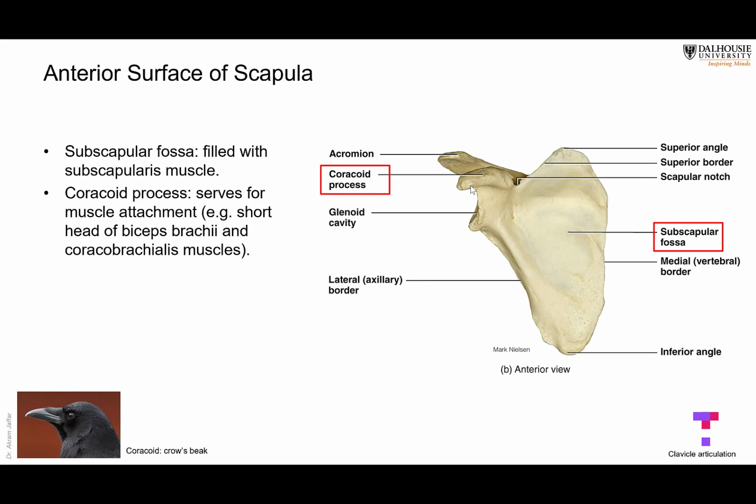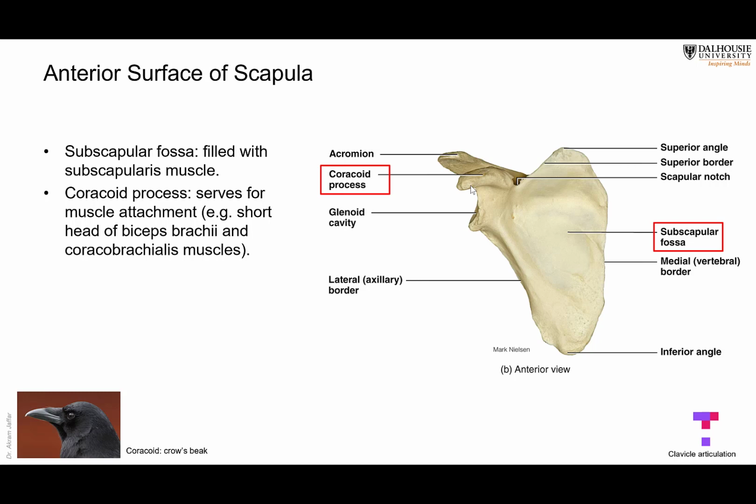I'm mentioning 2 of them because we are going to study these muscles later on. One of them, obviously, because it's attached to the coracoid process, is called coracobrachialis, because it extends to be attached to the bone of the brachium, which is the arm, the humerus. So that's why it's called the coracobrachialis muscle.